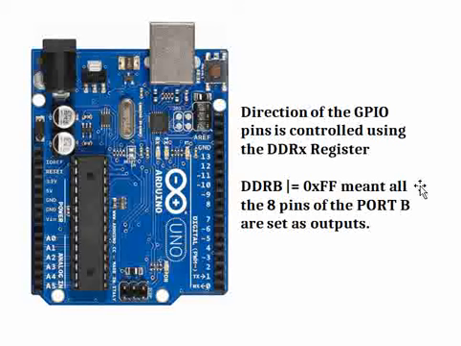For example, if we set DDRB equal to 0xFF, that means we are setting all the bits of DDRB to 1, which means all the 8 pins of port B shall be set as outputs. This is a very preliminary thing that we do when we are setting the outputs.